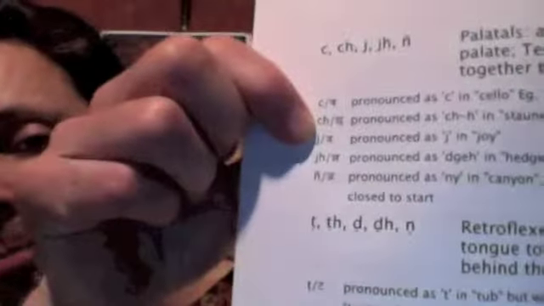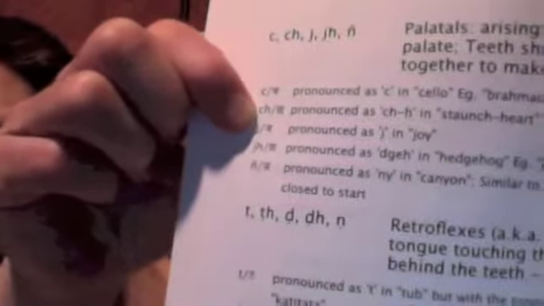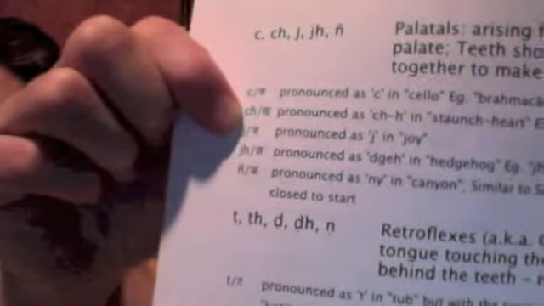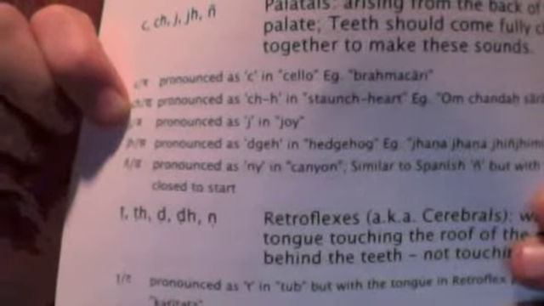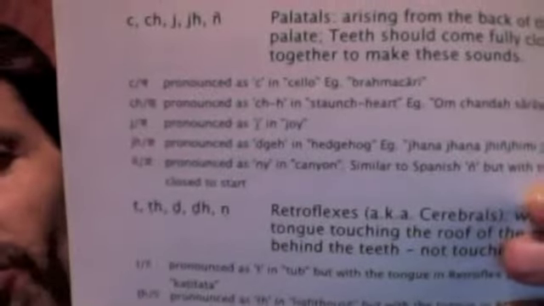Cha, chha. So this is going to be the same as the ch in cello, but with extra air and a contraction of the diaphragm to make the extra air. I give the English example of the ch-h in staunch heart. That's an okay example.